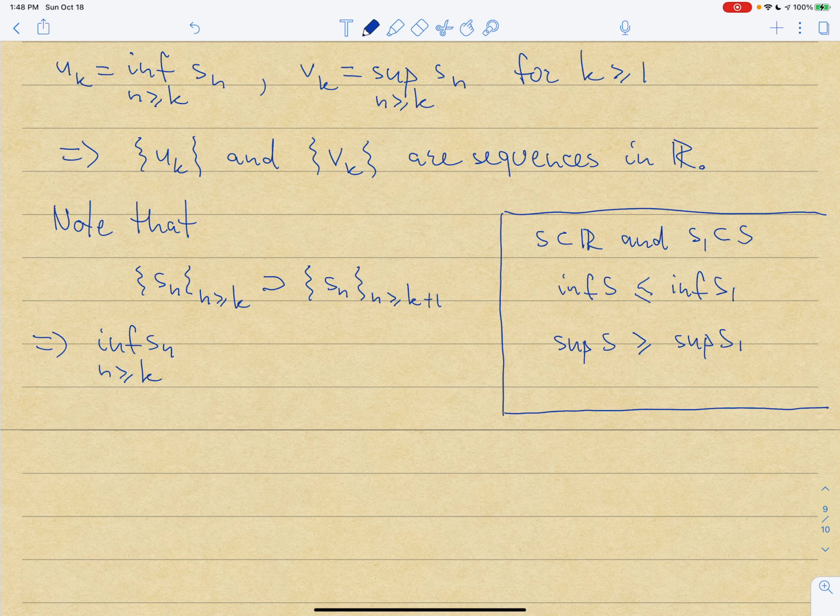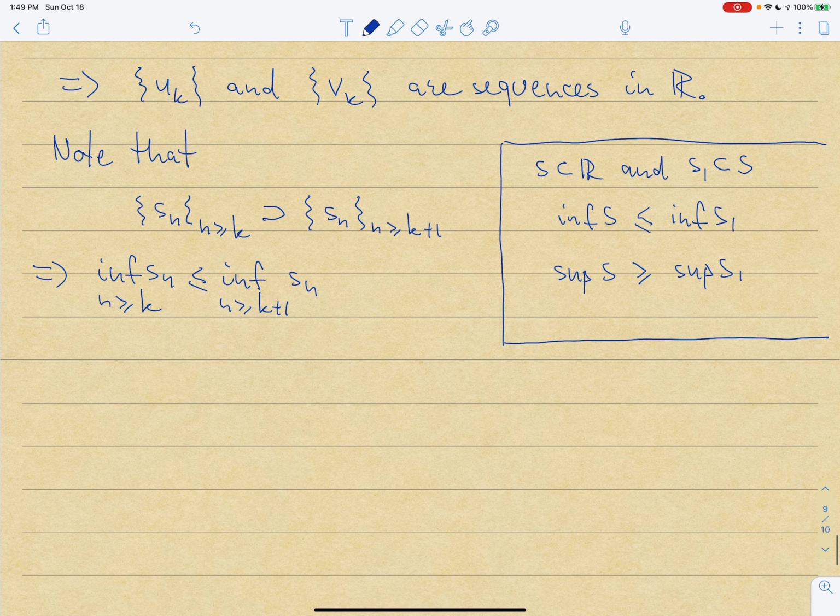So if it is a larger set, it has a smaller infimum, right? So it's less or equal than the infimum, n greater or equal than k plus 1, of Sn. And likewise, supremum, as n is taken to being greater or equal than k, supremum of Sn versus supremum n greater or equal than k plus 1 of Sn.